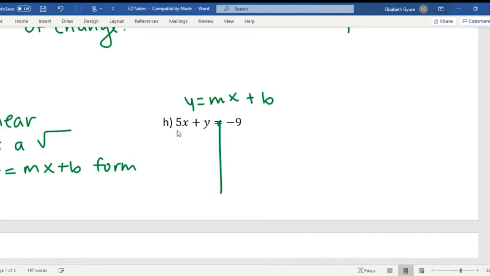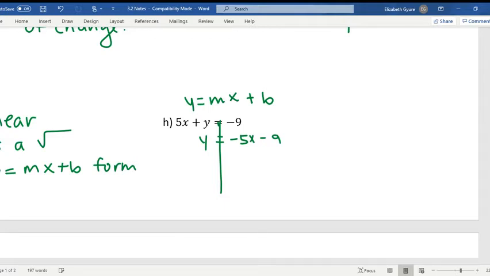If we want just y equals, should 5x stay or go? Go, and it would become what? Negative 5x. The y would stay, and the negative 9 would stay, and now is this fixed? Yeah. So things can be linear equations without necessarily being in that exact order of y equals mx plus b. Okay, so that's why it's sometimes a little better to look for the things we don't want.